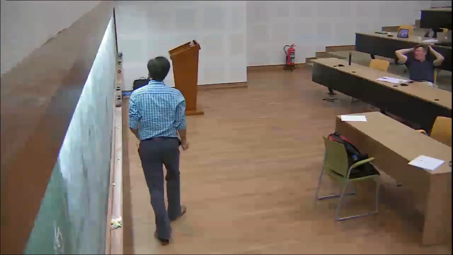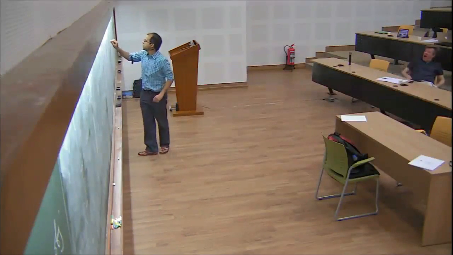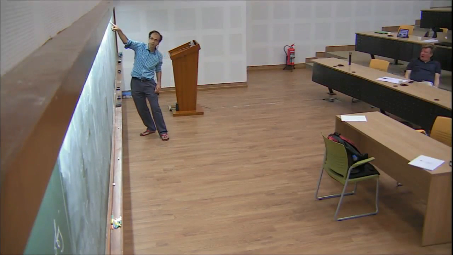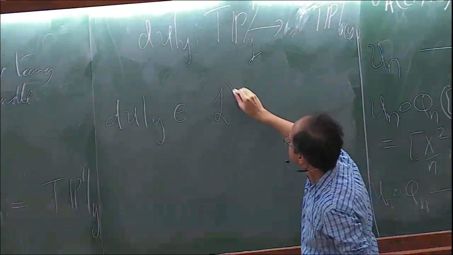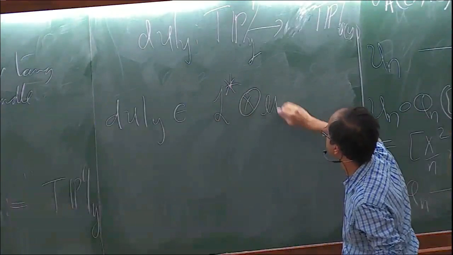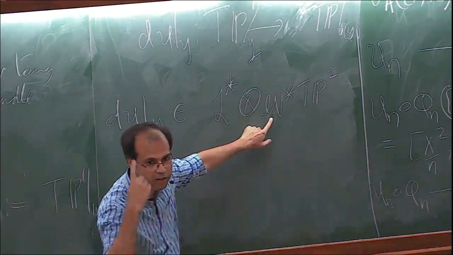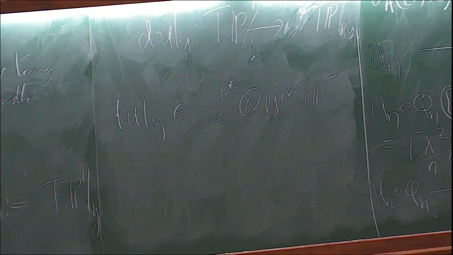Hence it's a section of the following bundle: T star P1 tensor TP2. It's a section of L star tensor F star of TP2, where F star here is evaluation at the free marked point.